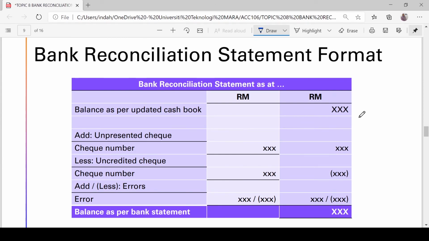So we mention them here, where we add the unpresented checks and less the uncredited checks. If we have any error, depending on the type of error, we add or less it. At the end of the day, you should get the balance as per bank statement. If you do, it means the preparation of the bank reconciliation statement is correct.